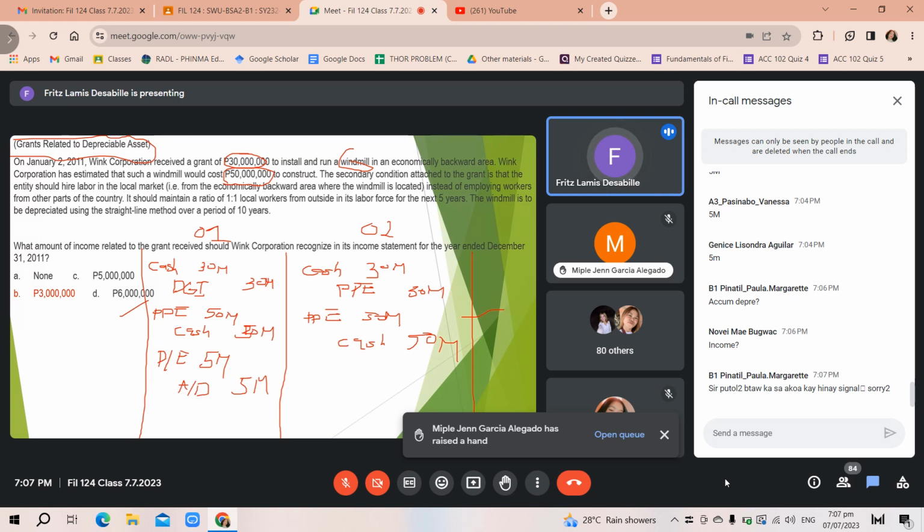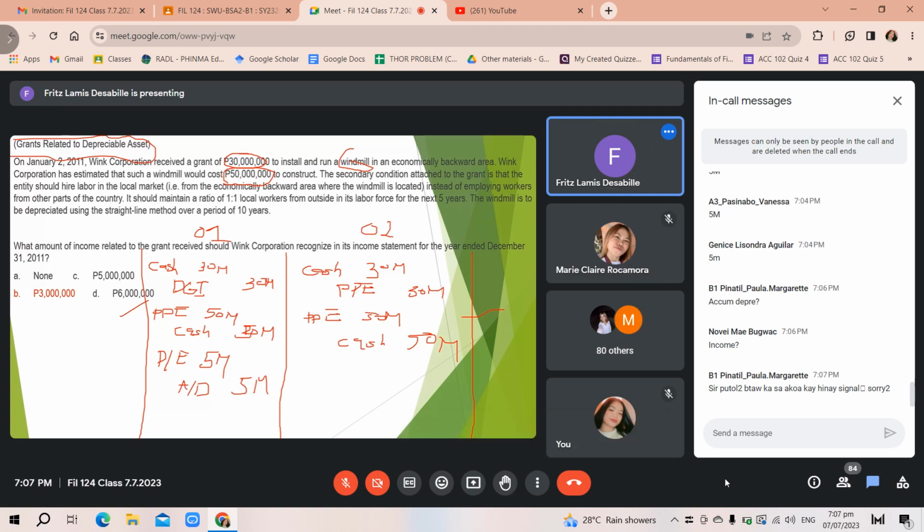How much is the income that we are going to be recognizing in option 1? Correct, we recognize 3 million because, again, if it is a grant related to an asset and we use option 1, the recognition would be the same as how we recognize the depreciation of the asset.